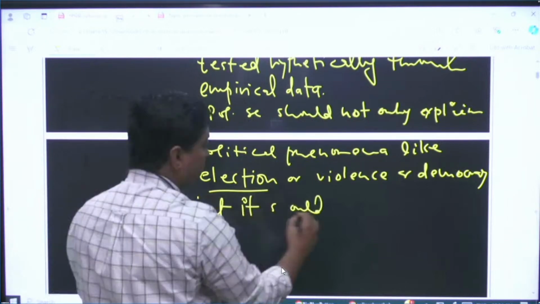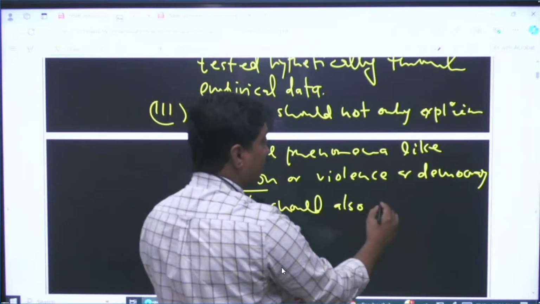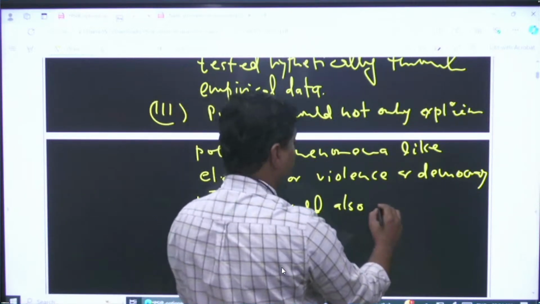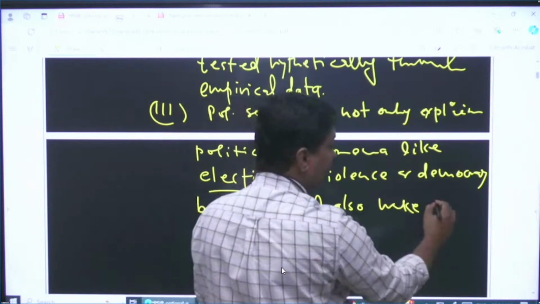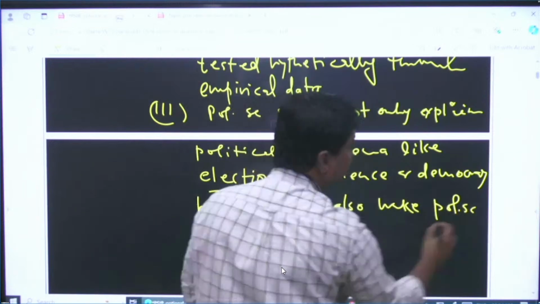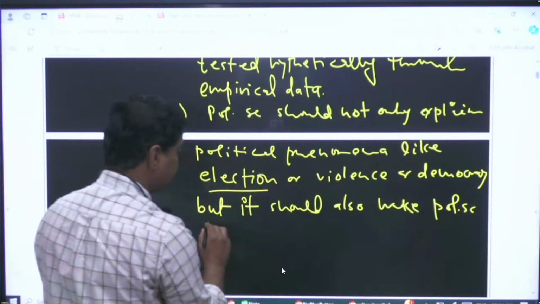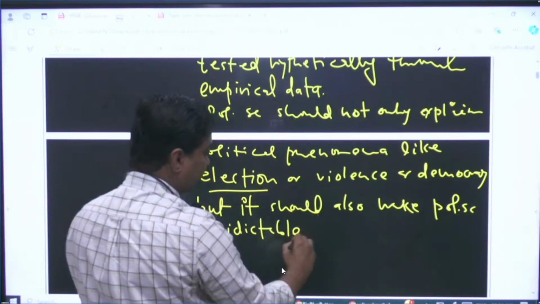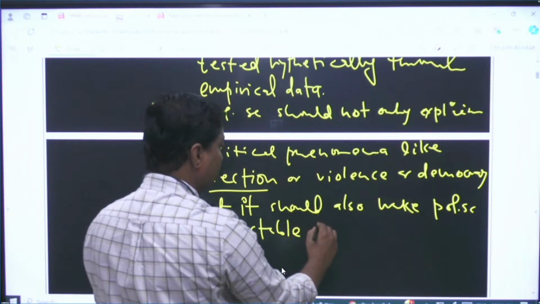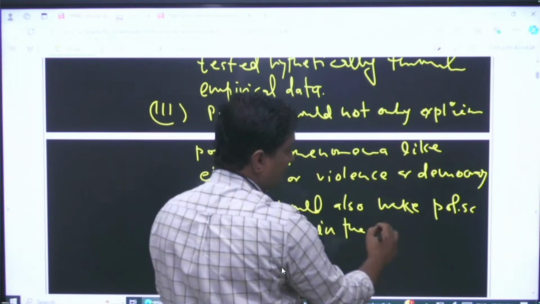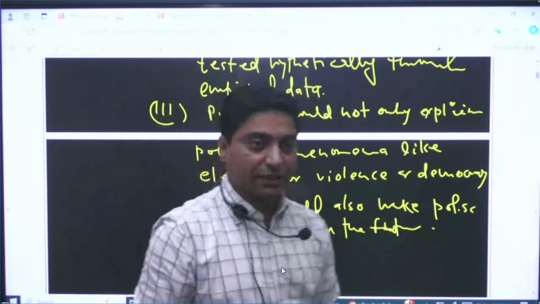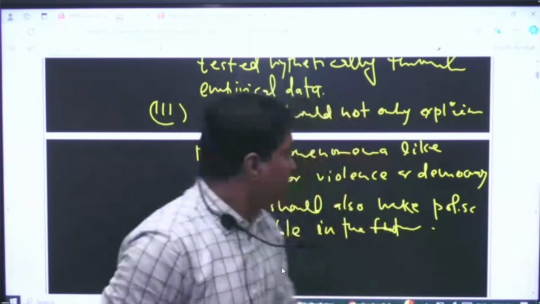It should also make political science predictable in the future. What will happen, political science should project.